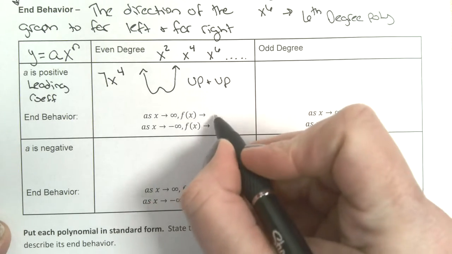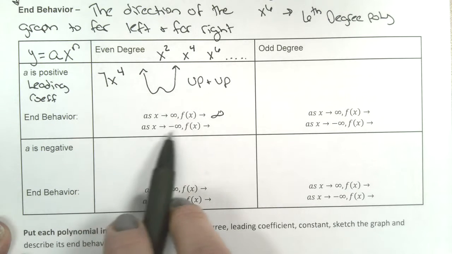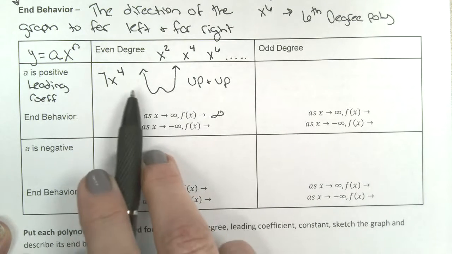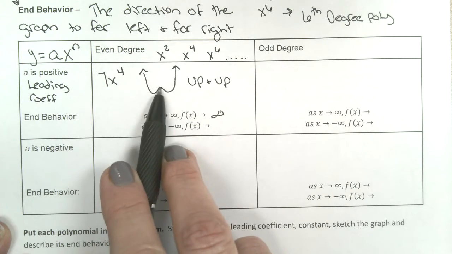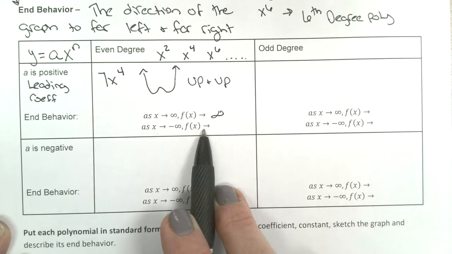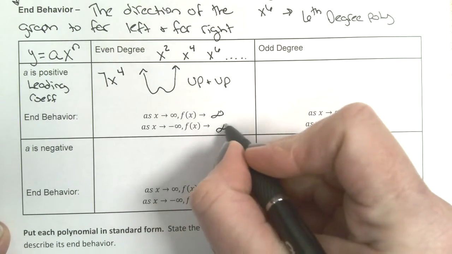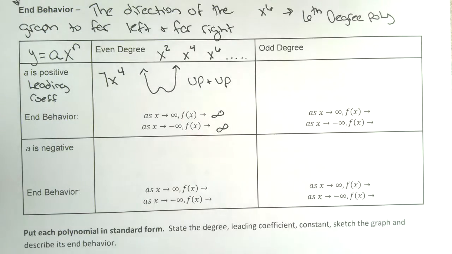So as x goes to infinity, f of x is also going to infinity. This says as x goes to negative infinity, so now we're seeing what it does on the far left-hand side, f of x, or your y value, is also going to positive infinity. I color code them now.